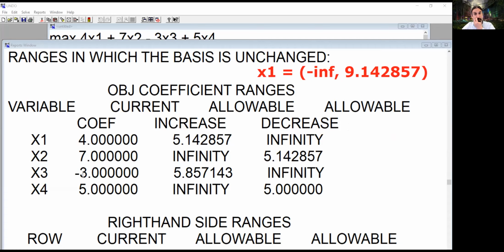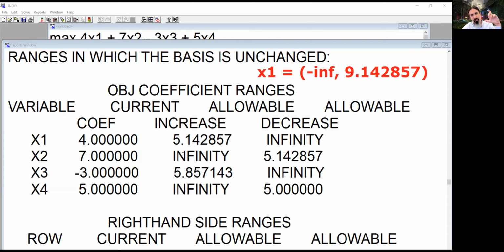Again, with x2, as long as I'm between plus infinity and 1.86 something, 7 minus 5.142857. It's a long one. But still, as long as it's between these two values, between plus infinity, which is the upper limit, and 1.86, it doesn't really matter after the second decimal.